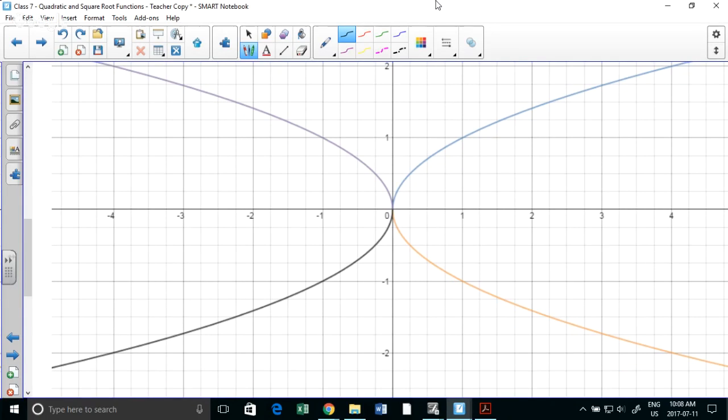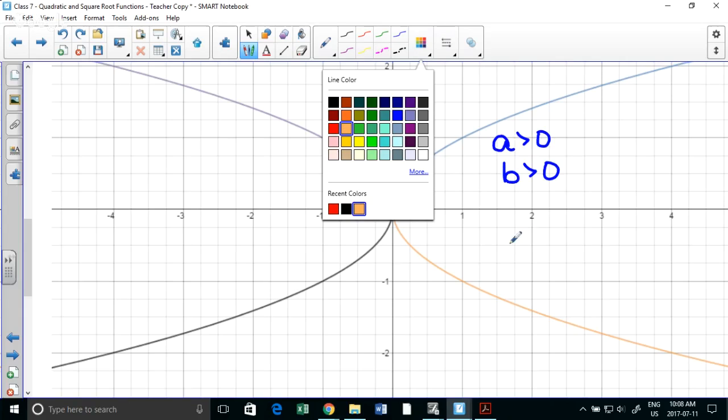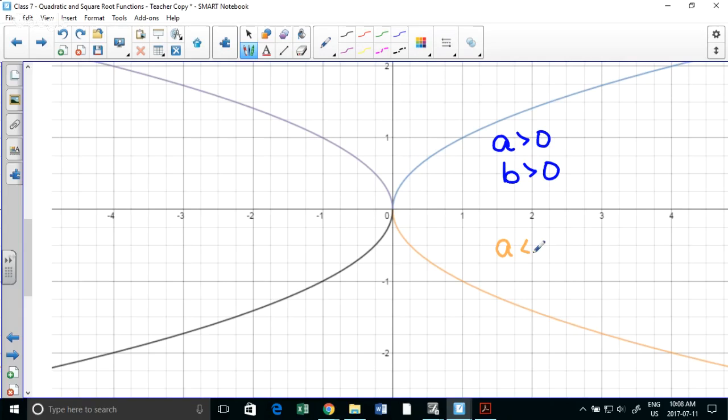So for blue case, I have a is positive and b is positive. For orange case, I have that a is negative, but b is positive.